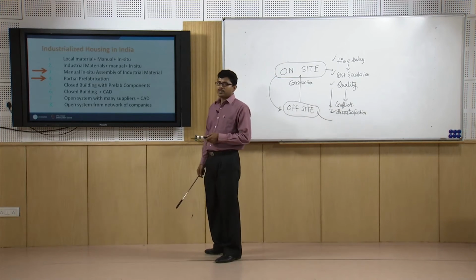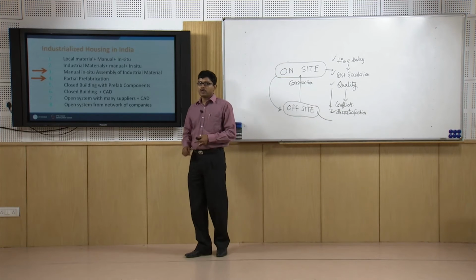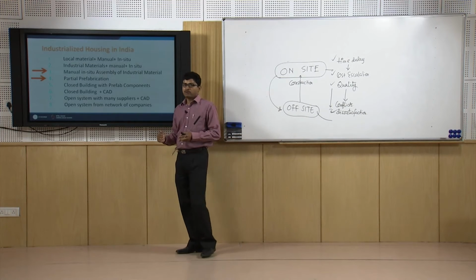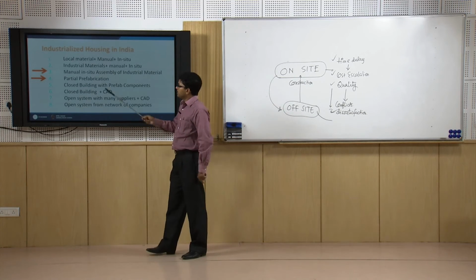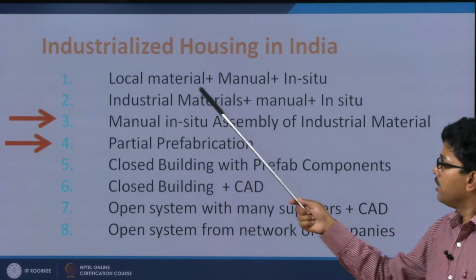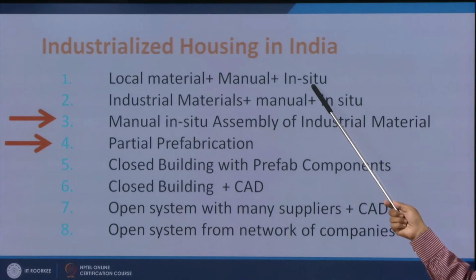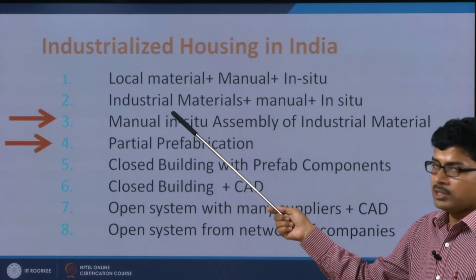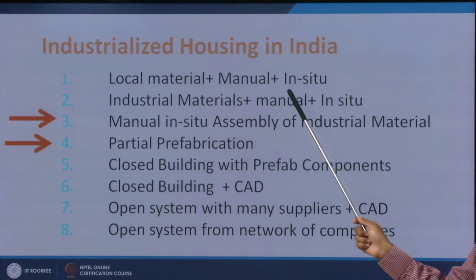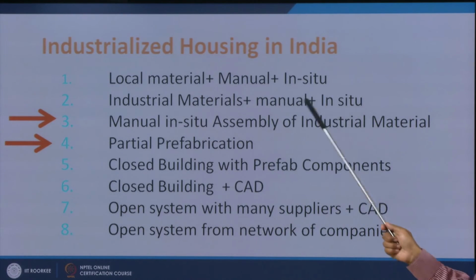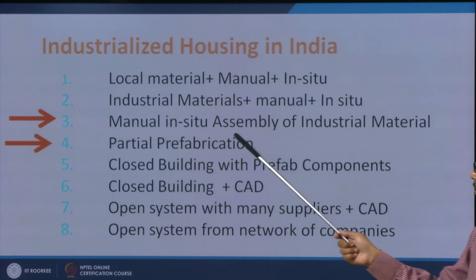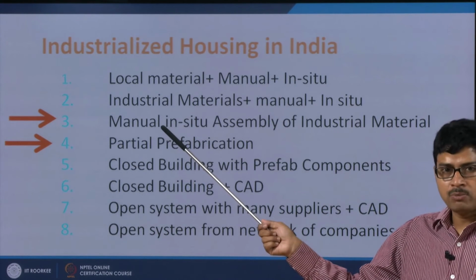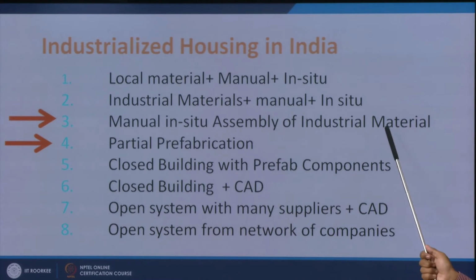Now, in an industrialized system or an offsite based system, there are several stages required for a country like India. Initially we start from local material and manual construction on site, and then slowly we go to using industrial material with a manual process in situ. Then we convert to manual in situ assembly of industrial material. That means the process is manual, but we are assembling industrial material.